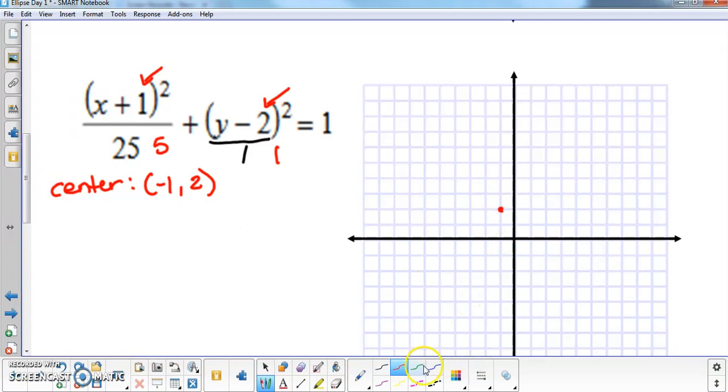And then I'm going to look right here. This is changing along my x. So this means horizontally, I'm going to go 5 to the right and 5 to the left from my center. So 1, 2, 3, 4, 5. And 1, 2, 3, 4, 5. Okay?